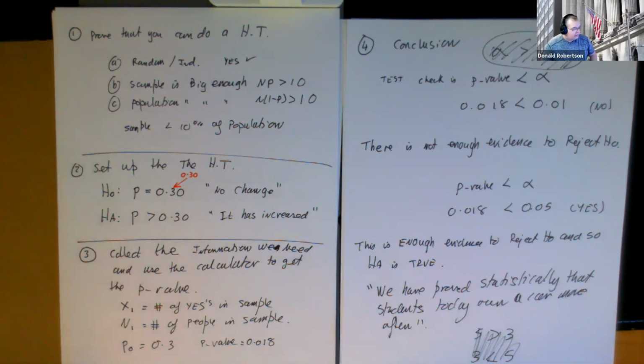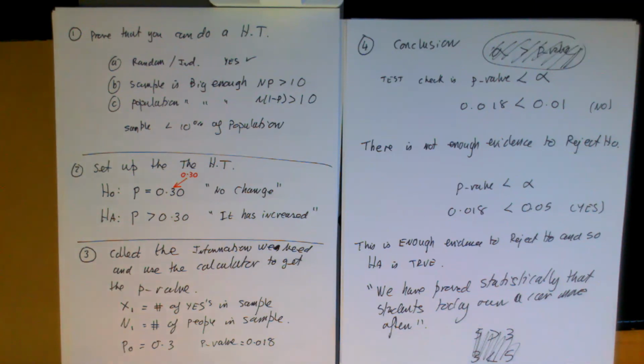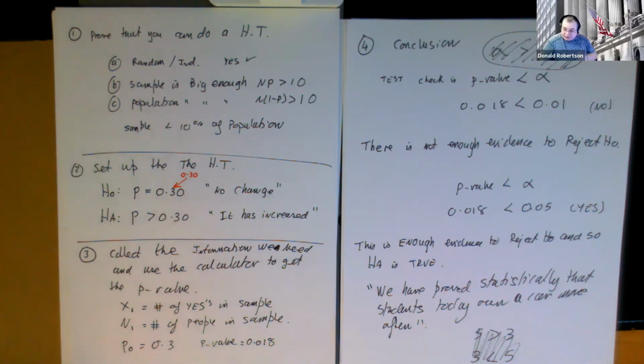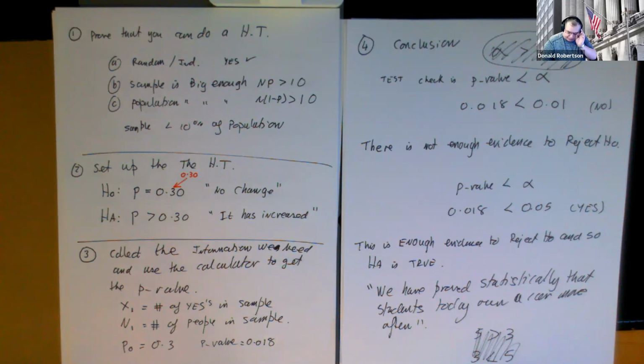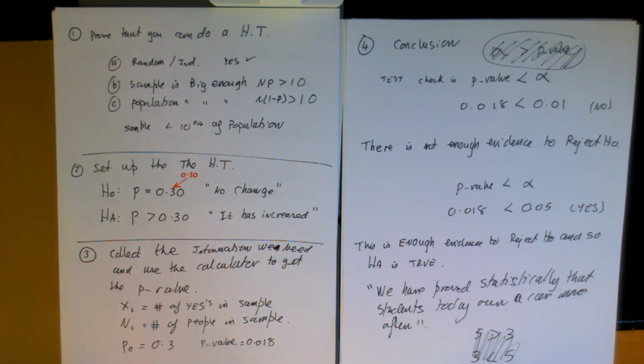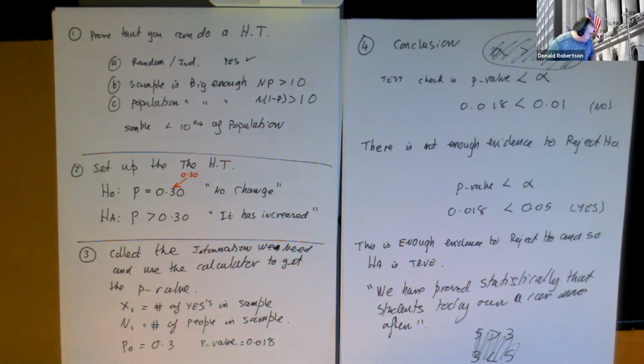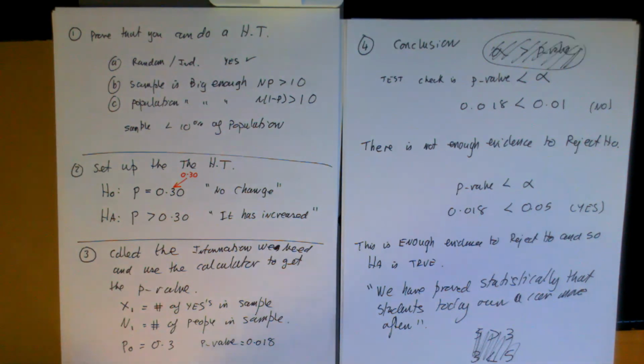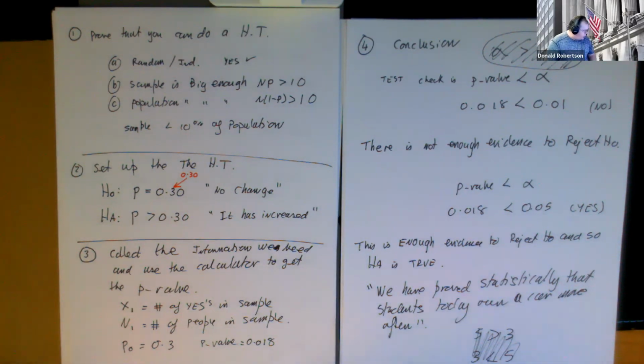Okay, yes. This is chapter 8. So on the fourth one where you did the conclusion, you said that the p-value is not less than 0.01. Is 0.01 what we're always going to be compared to, or where did you get that number? That 0.01 comes from the question.